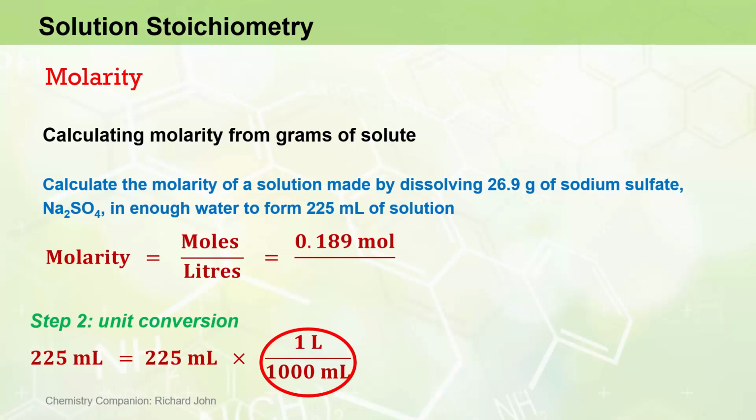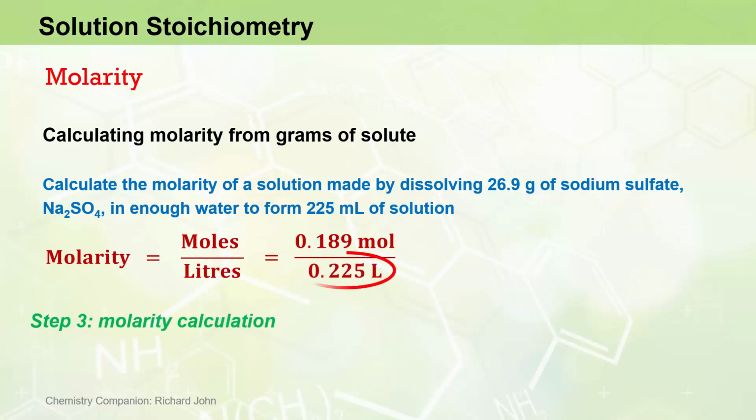But the point here is that by having this conversion factor, we can readily cancel out the millilitre unit and we'll just be left with litres as the unit. So 225 millilitres is equivalent to 0.225 litres, which we are now able to substitute into our molarity expression to allow completion of step 3, calculating the molarity.